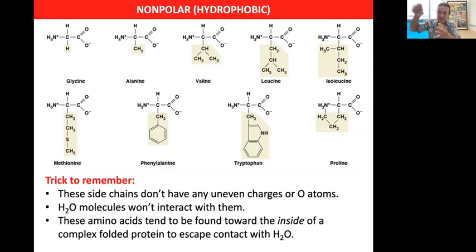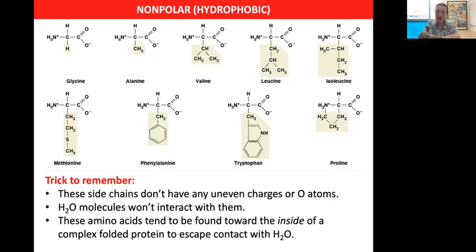Water molecules have a little minus and plus end to them, right? And so if there's no interest in being attracted by charges on one of these R group side chains, then the water molecules just bounce off. And so that's what makes these amino acids hydrophobic. They tend to be shoved away by water.